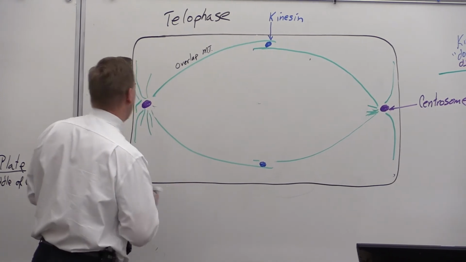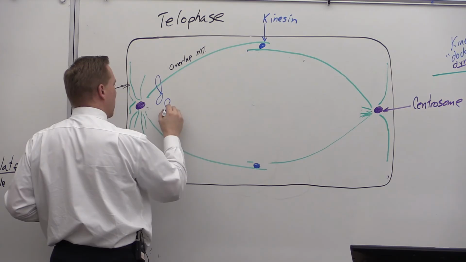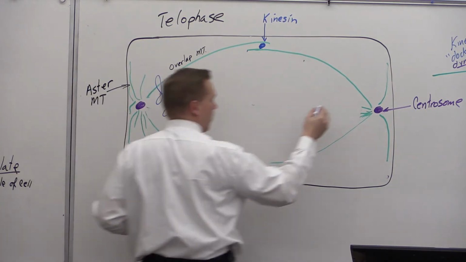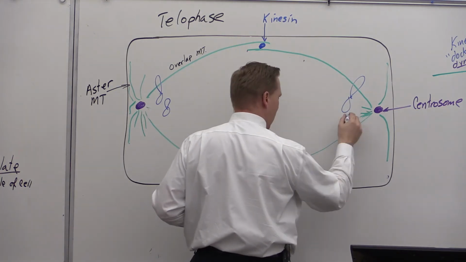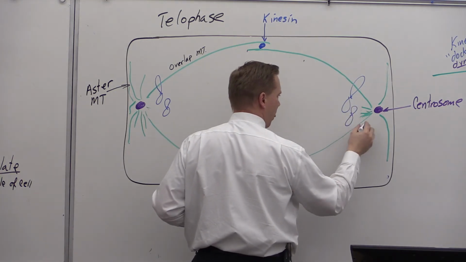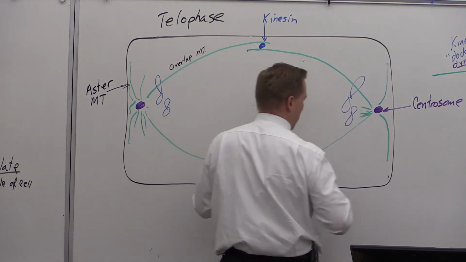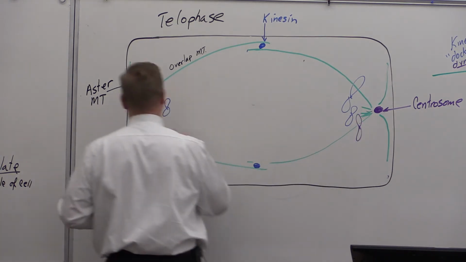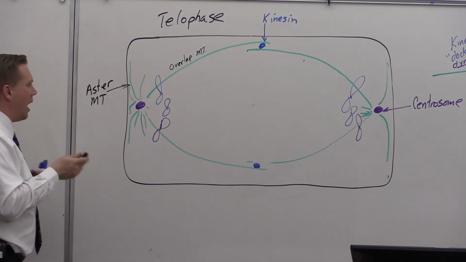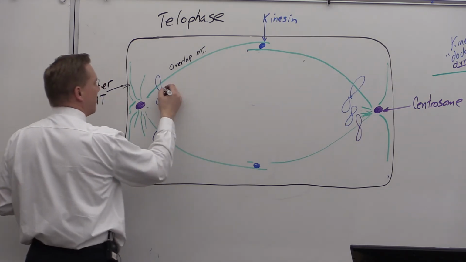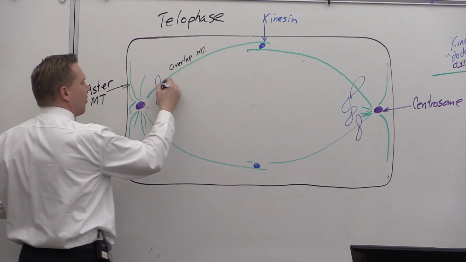In telophase, we now have our chromosomes, and they have been separated to the opposite sides of the cell. And now what happens is the nucleus, remember we said that the little nuclear vesicles were hitching rides on the chromosome arms?